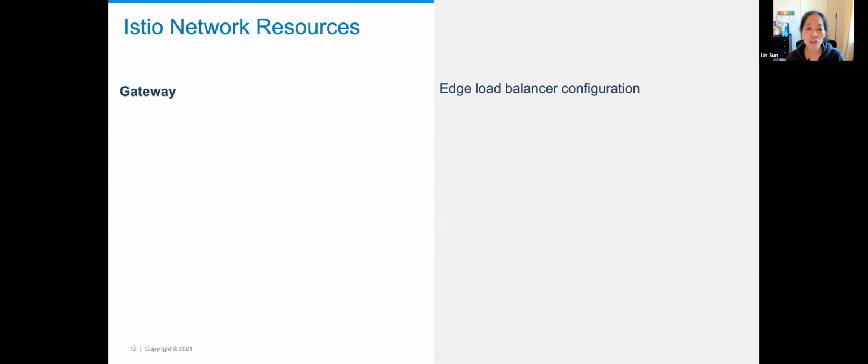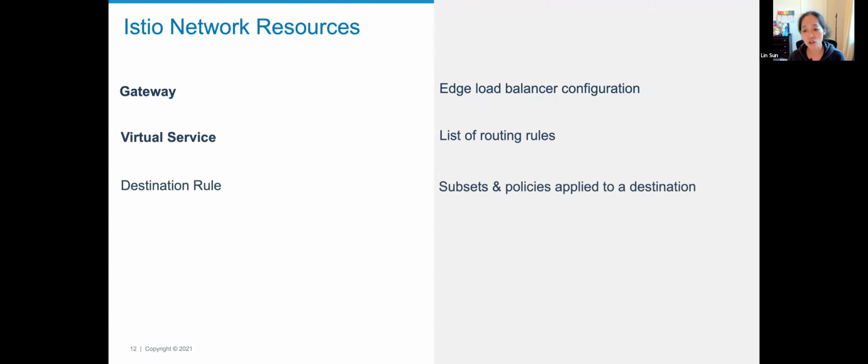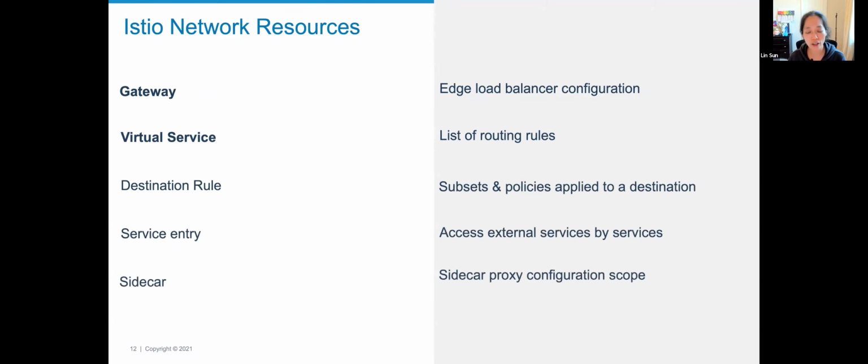A couple of Istio network resources we're going to talk about: the gateway resource allows you to do edge load balancer configuration, the virtual service lets you do your route configuration, and then destination rule, service entry and sidecar. These are the common Istio network resources. With a destination rule, you can apply policies and subsets for a given destination.